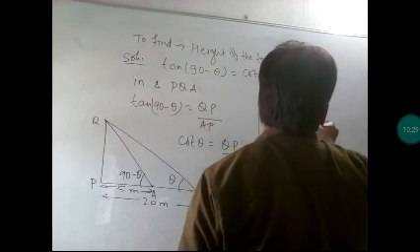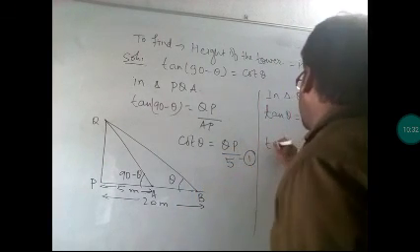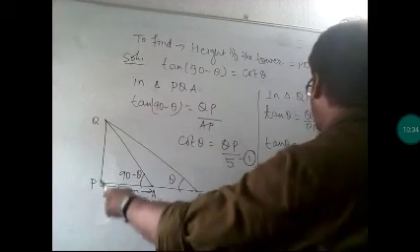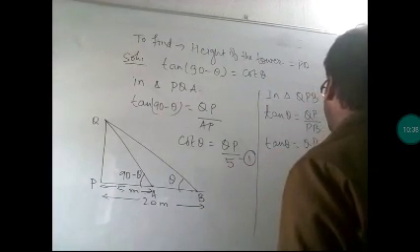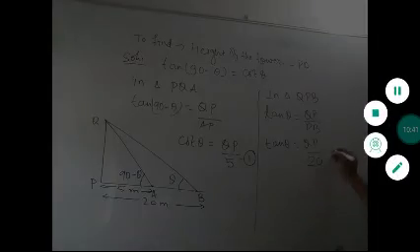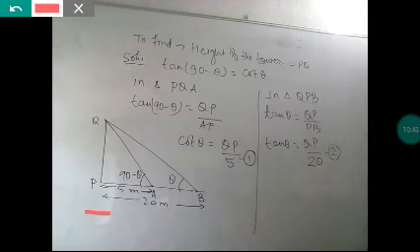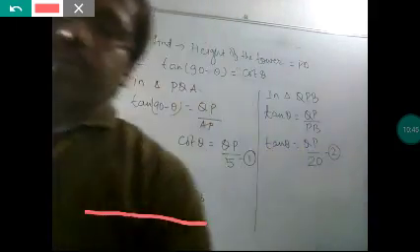And then what is the distance? Base is PB. That means tan theta is equal to QP by 20. PB is given as 20. That distance is given as 20 here, so we have taken 20.